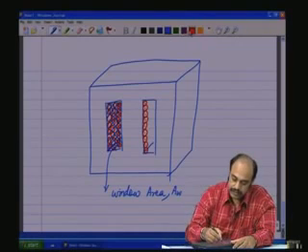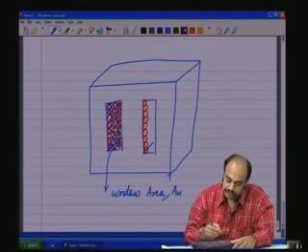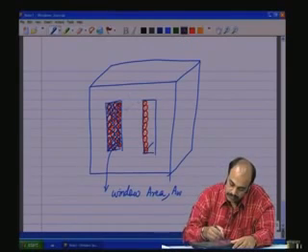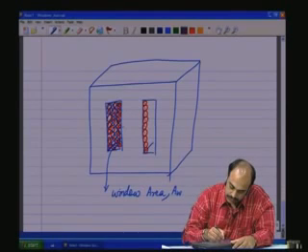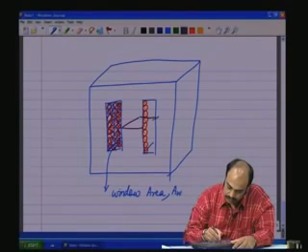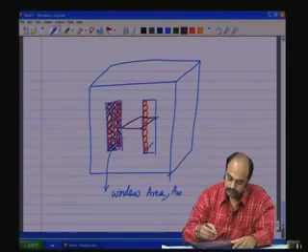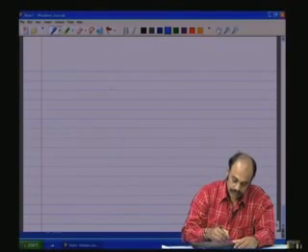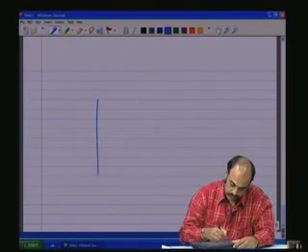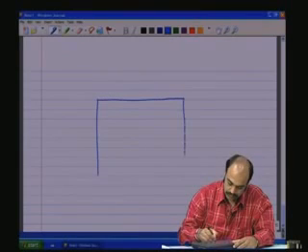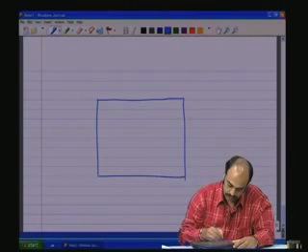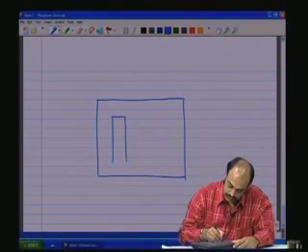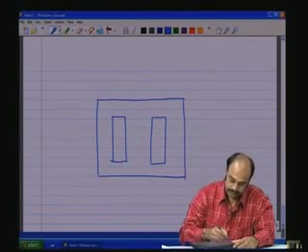There is another important area that you need to bother about, and let me draw the other area which is also very important. And that is the core cross section area.